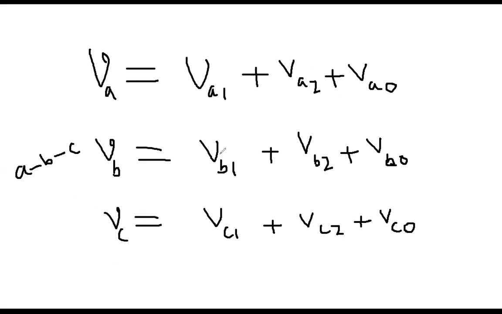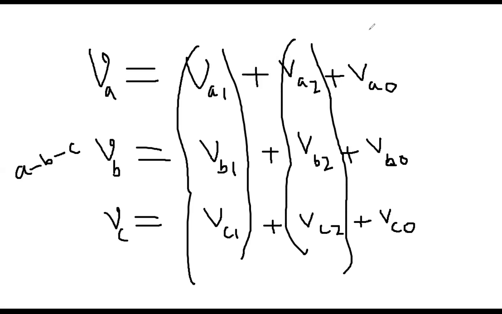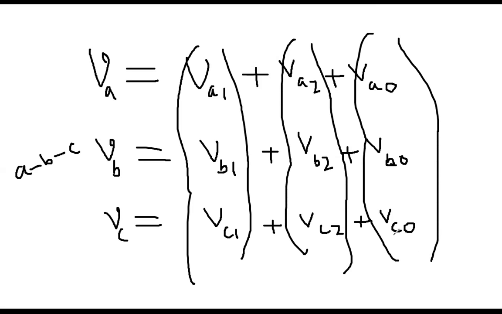Now everybody see this set, VA1, VB1, VC1. Now see this one, VA2, VB2, VC2. This is another group. And see the third set, VA0, VB0, VC0. So the symbol 1, 1, 1 is a three-phase system, VA1, VB1, VC1. So this is the positive sequence.